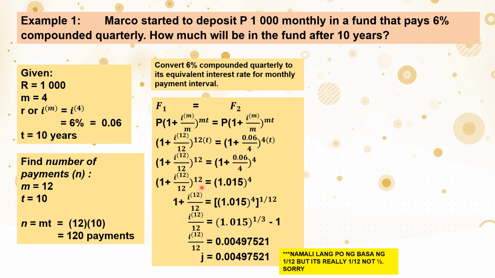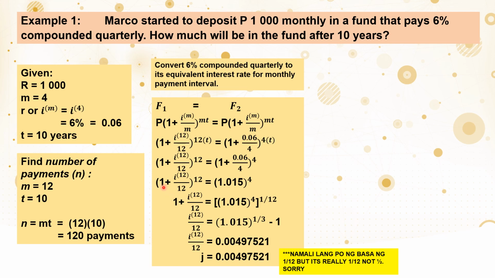Next, we need to remove the raised to 12 here. So, to remove it, we will move it to the other side. To move the exponent 12 to the other side, we take its reciprocal. So, the reciprocal of 12 is 1 over 12.